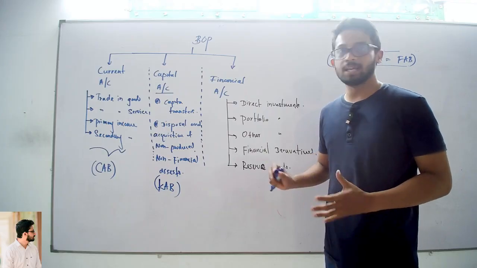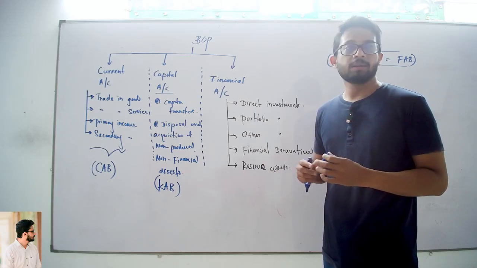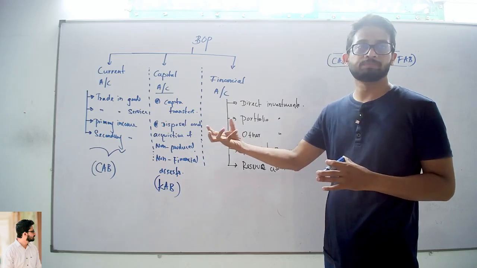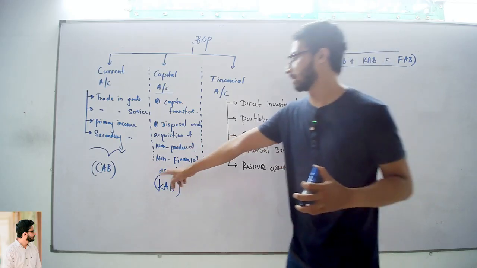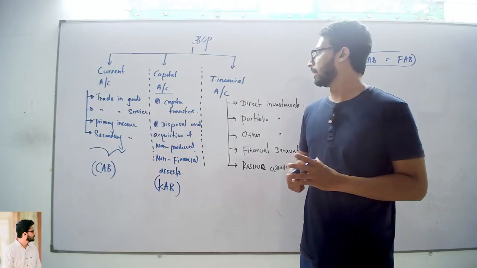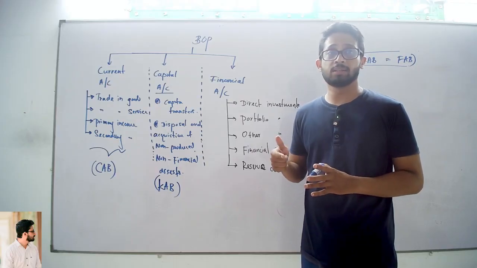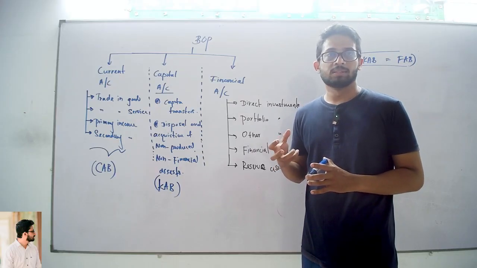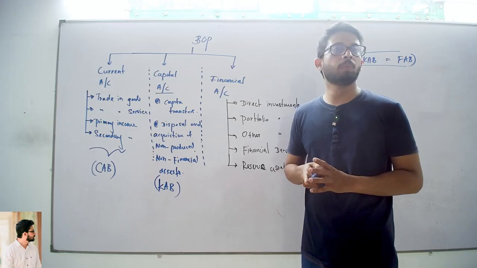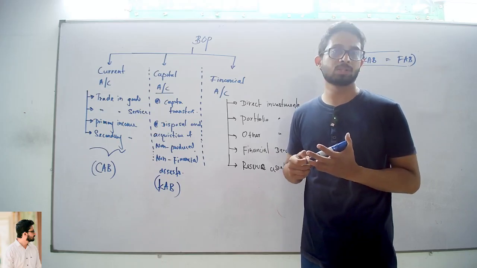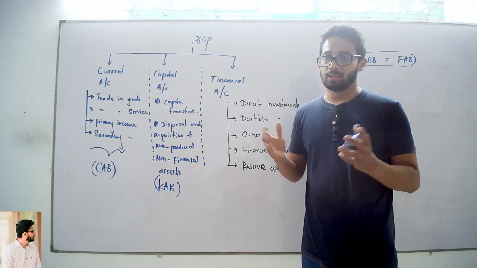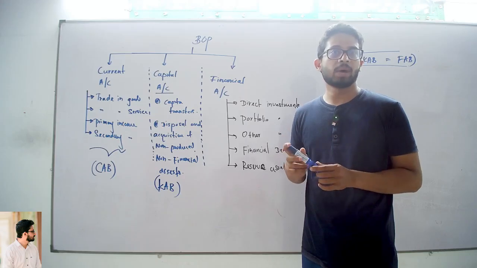But that's a theory. Practically, when we prepare the balance of payment, normally the sum of the first account and second account does not equal the financial account. To avoid this problem, we include another element in the balance of payment, called errors and omissions. In accounting, when the trial balance is not balanced, you add an additional column.